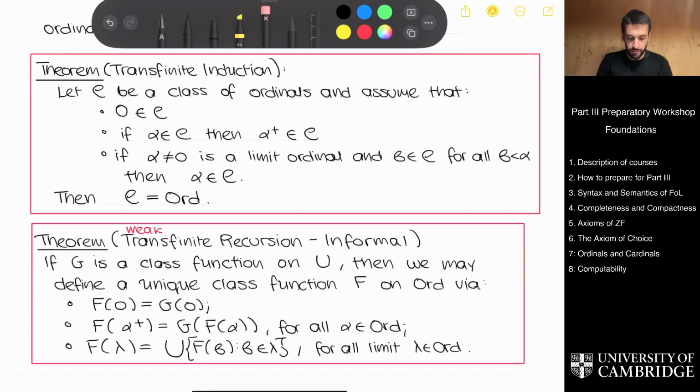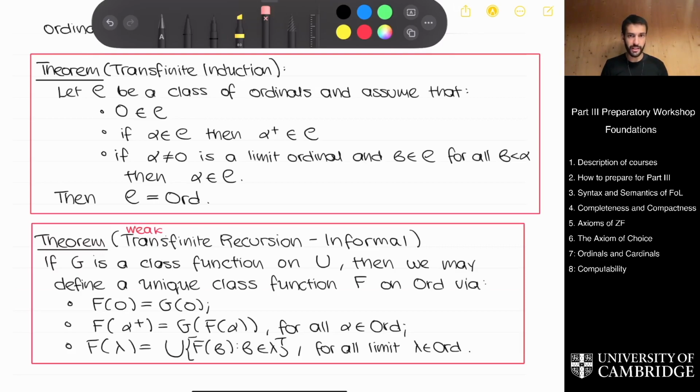Two very important theorems that should be in your set theoretic arsenal are the following. The first is transfinite induction. Suppose that we have a class of ordinals C that satisfies the following. First of all, 0 is in the class. Secondly, for any ordinal alpha in the class, the successor of alpha is also in the class. And thirdly, for any non-zero limit ordinal, if we know that all members of this ordinal are in our class, then we also know that this ordinal is in the class.